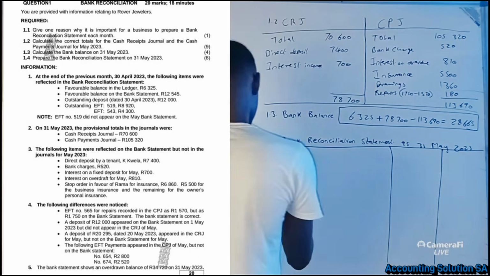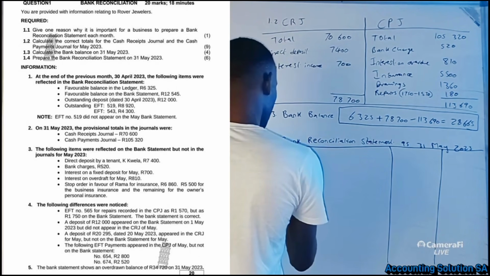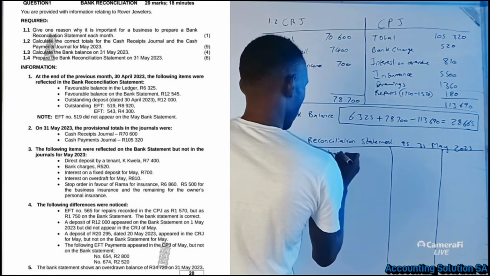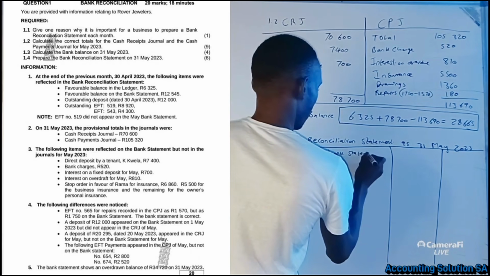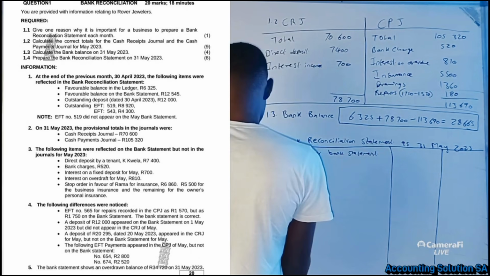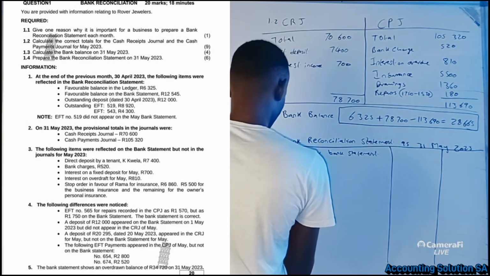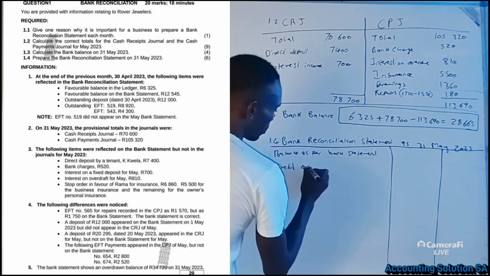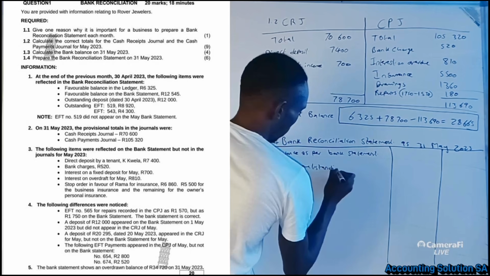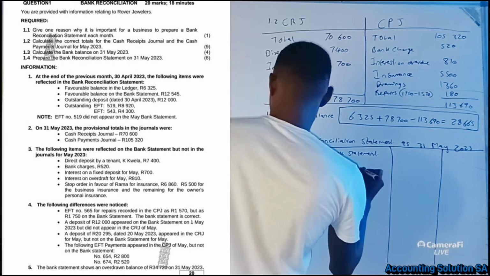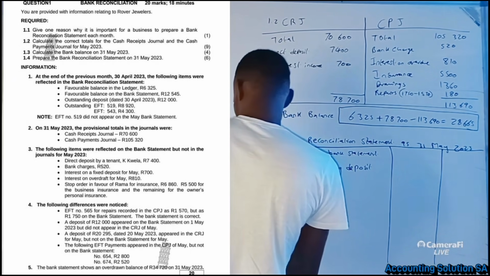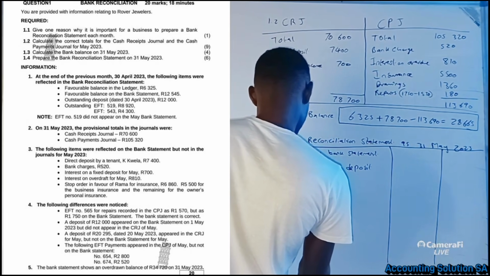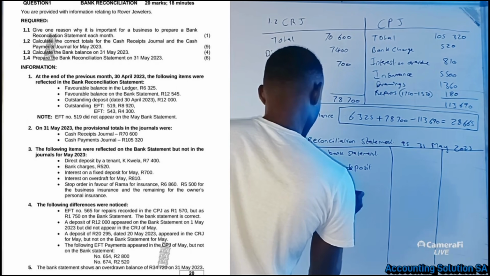Okay, now let's proceed. Bank reconciliation statement. Number one, we're gonna have balance as per bank statement. Okay, and we're gonna have a credit outstanding deposit, and we're gonna have a debit outstanding check.